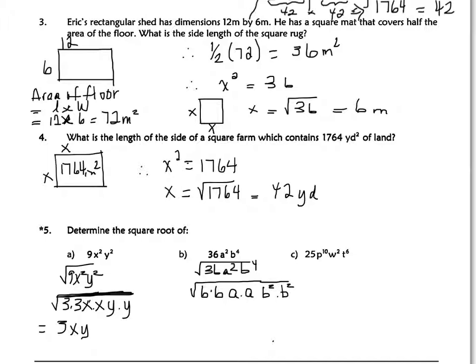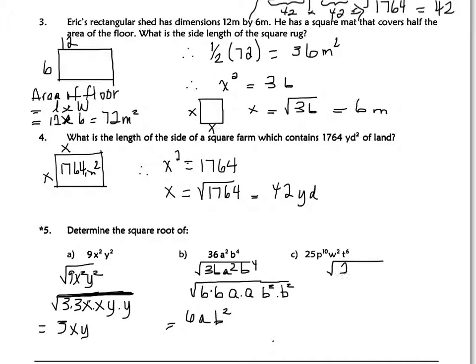So if we take the square root of 36, we get 6. If we take the square root of a squared, we get a. If we take the square root of b to the 4, we get b squared. And if we multiply this expression, 6ab squared times 6ab squared, we will get back 36a squared b to the 4. So that is the square root.